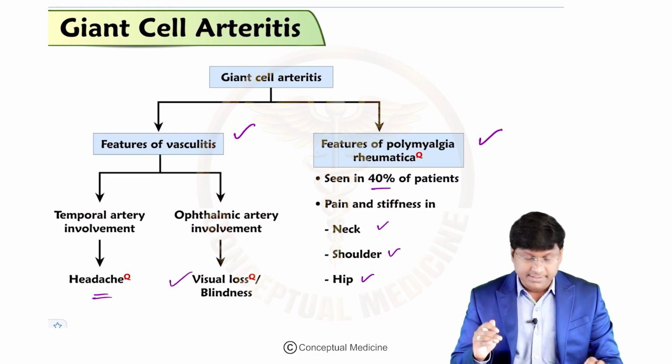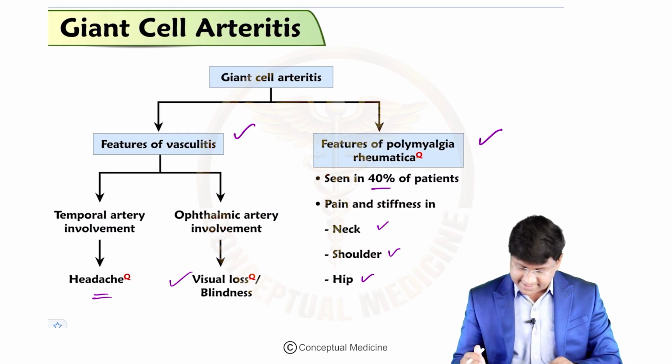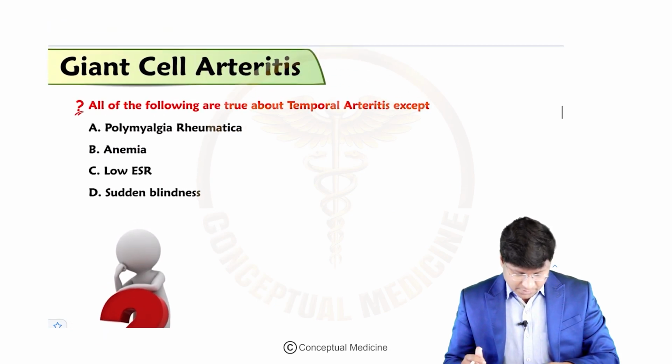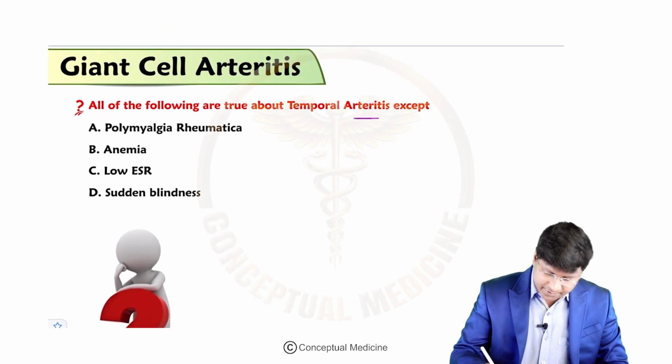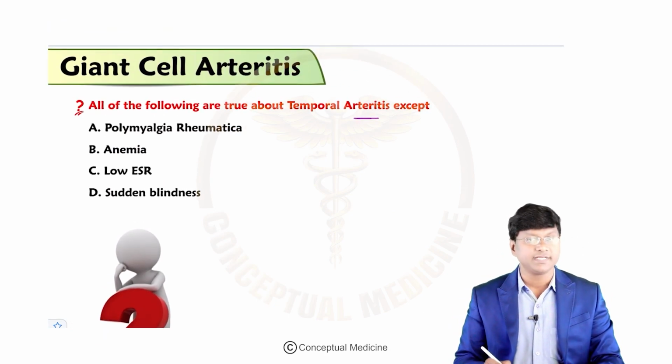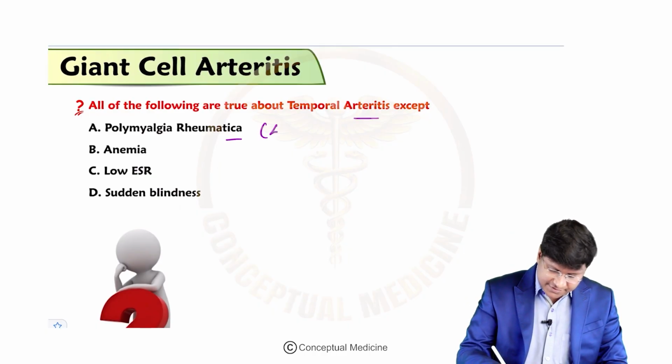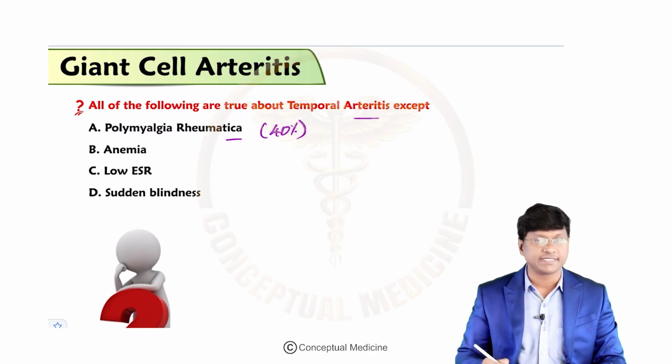Now let me discuss the investigations in patients with giant cell arteritis. So all of the following are true about temporal arteritis except: polymyalgia rheumatica, anemia, low ESR, sudden blindness. Polymyalgia rheumatica we have seen is seen in almost 40% of individuals.